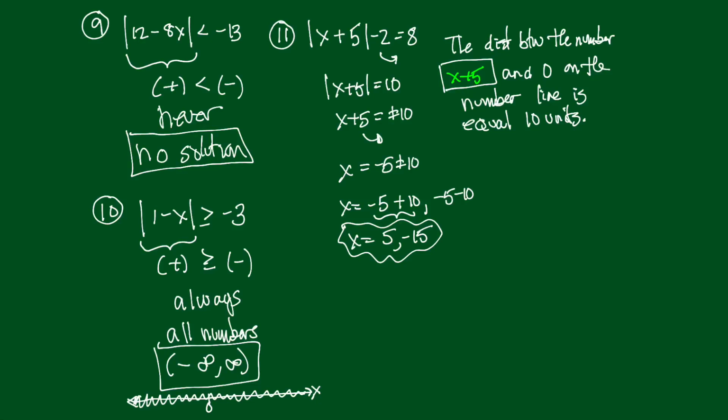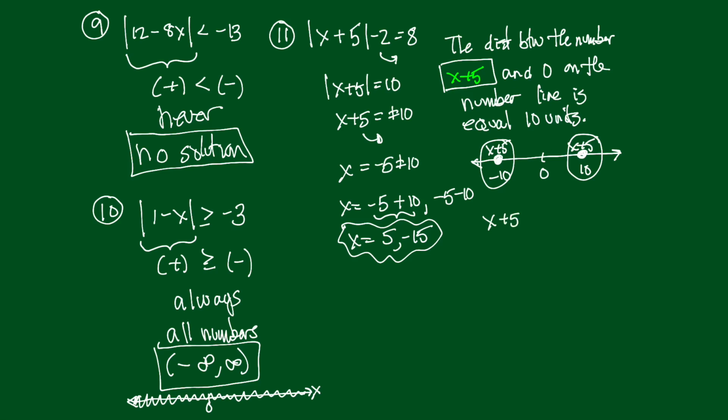So if I draw a picture, here's 0. Where is this number x plus 5? Well, it could be 10 units to the right, which would put me right over here, or it could be 10 units to the left, which would put me over here. So the x plus 5 could be here, or the x plus 5 could be here. Now there's an equation, so I get this.